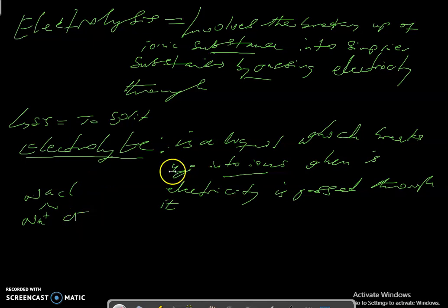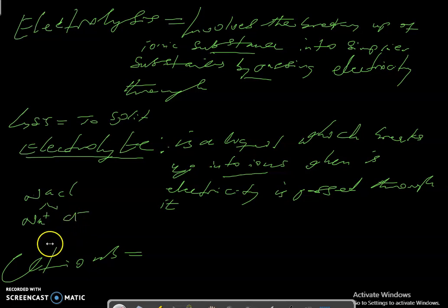Now with this, we come to another term, called cation. If you look at sodium chloride as an example of an ionic substance, it consists of positive sodium ion and negative chloride ion.